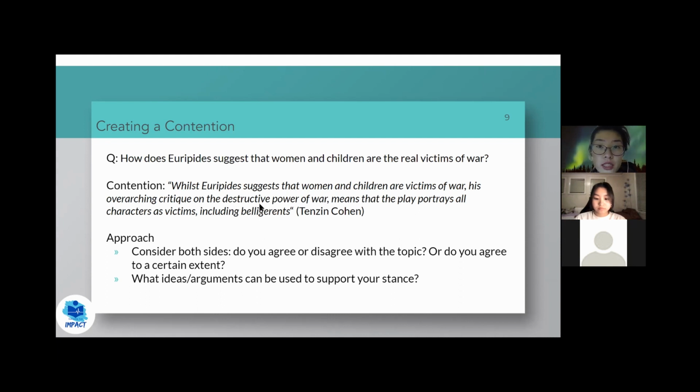So that's ultimately constructing a negative argument, like a critique. That's point number 2. And then point number 3 is saying that all characters are portrayed as victims, including belligerents. So we've got 1, 2, 3, and from just this contention, I would be able to see that it's been signposted for the 3 arguments that I will see in the rest of the essay.